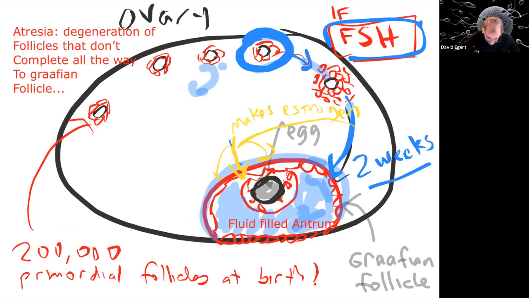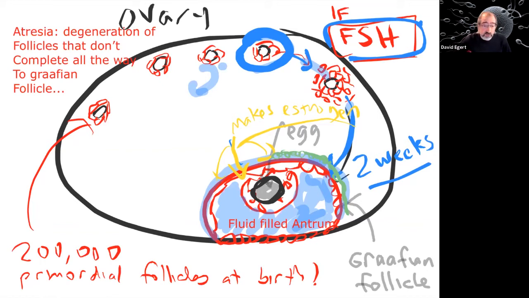There's cells called thecal cells. Again, you don't need to know the details for our class here, but there's these cells more from the connective tissue called thecal cells that actually make testosterone. And then the granulosa cells are the ones that convert that testosterone into estrogen. And estrogen is not just one thing, it's a family of hormones. Beta estradiol is kind of the most important of them.